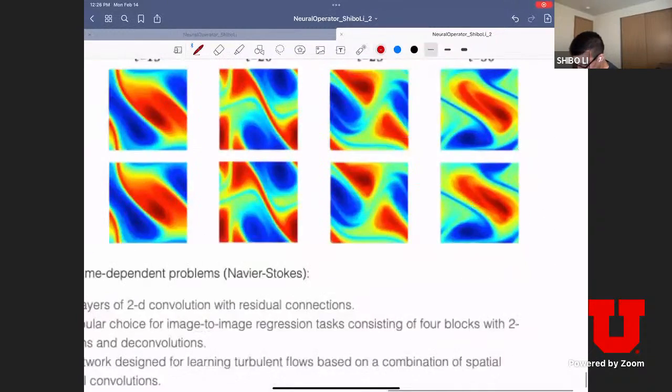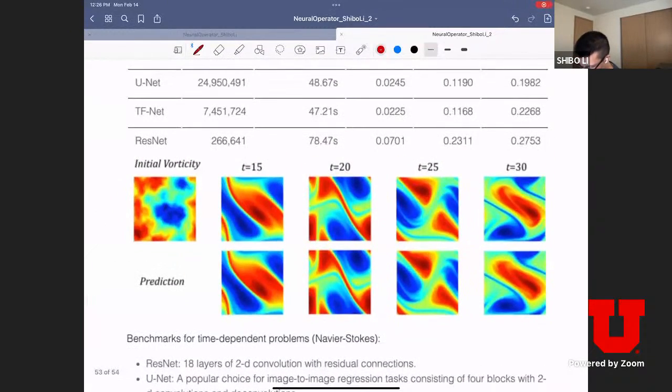This is the initial vorticity of a Navier-Stokes equation. You can see there are very nasty boundaries in the field. If you do the Fourier transform and cut off the high frequency components, your solution looks very smooth. That's another advantage of the Fourier neural operator.